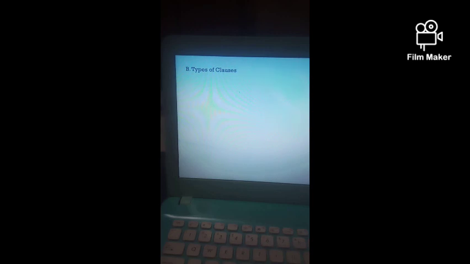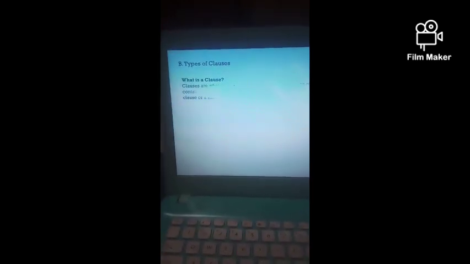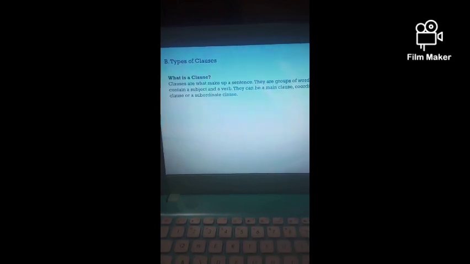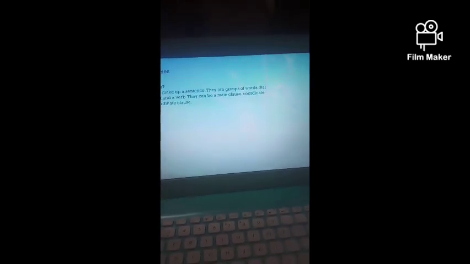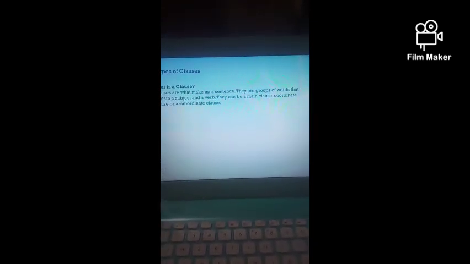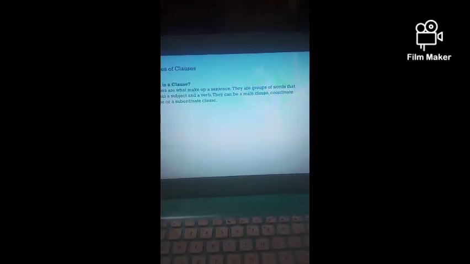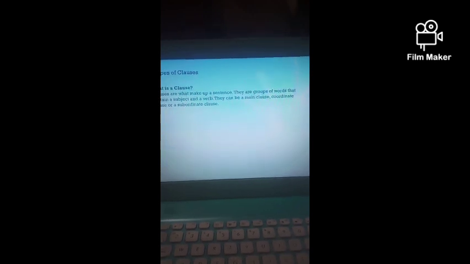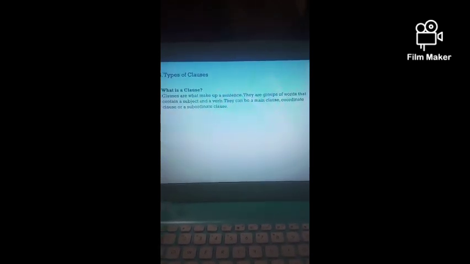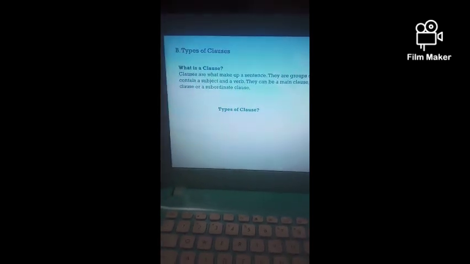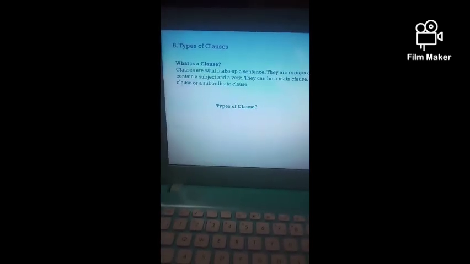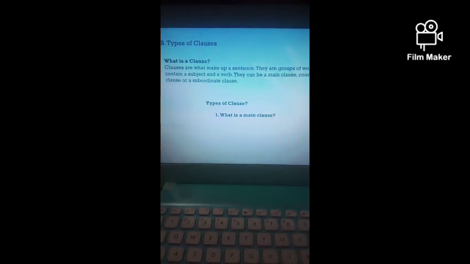Next, about types of clause. What is a clause? Clauses are what make up a sentence. They are groups of words that contain a subject and a verb. They can be a main clause, coordinate clause, or subordinate clause. What is a main clause?